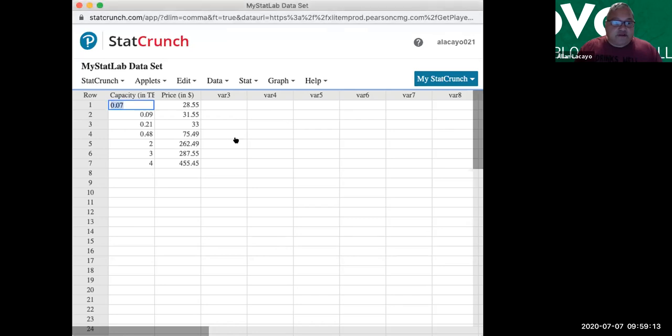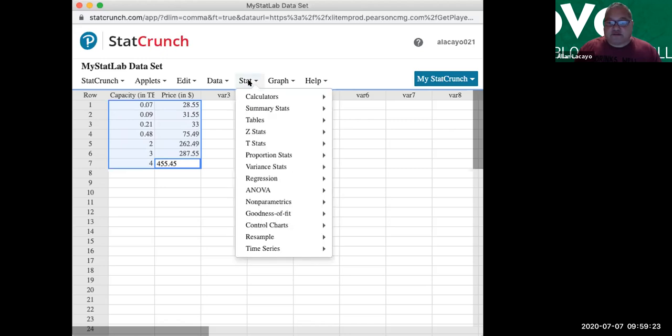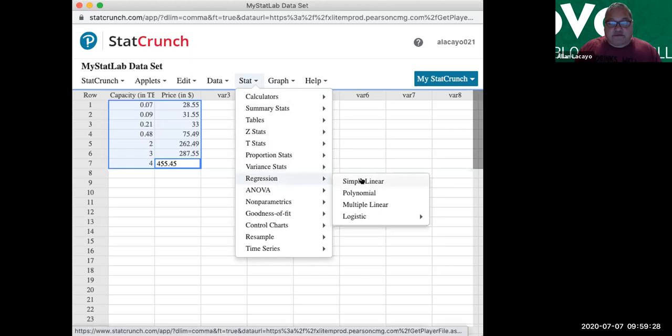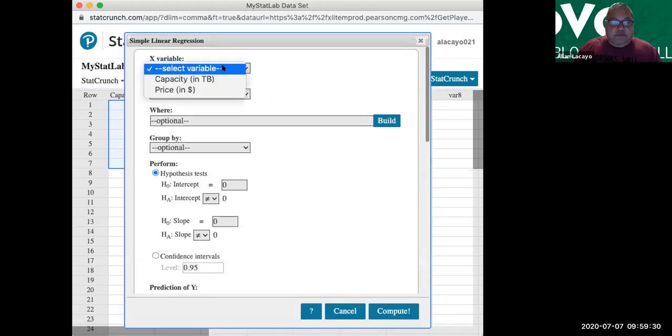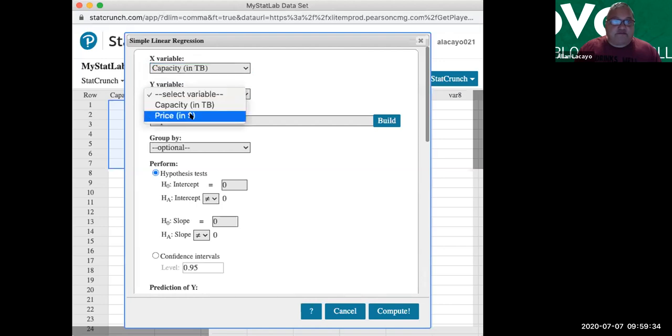At this point, I'm just going to assume that none of those three complications or cautions are present, and I'm going to go straight into running StatCrunch. So I go Stat, Regression, Simple Linear. I pick my X variable to be the hard drive capacity, and the predicted variable is price. I compute.